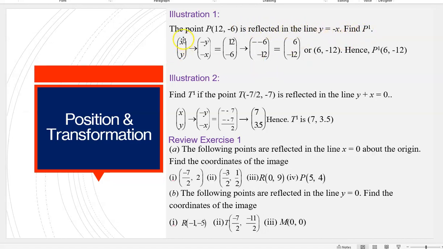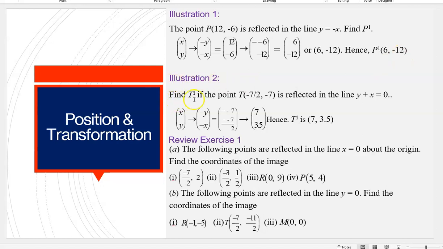This is the mapping, xy maps to negative y, negative x. The question is 12, negative 6, which maps to negative, negative 6, negative 12. Negative, negative becomes positive, so we have 6, negative 12. Hence, P1 is 6, negative 12.